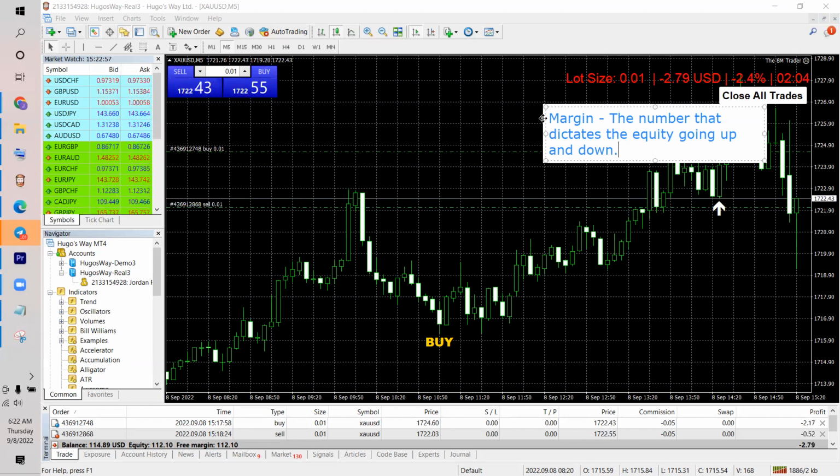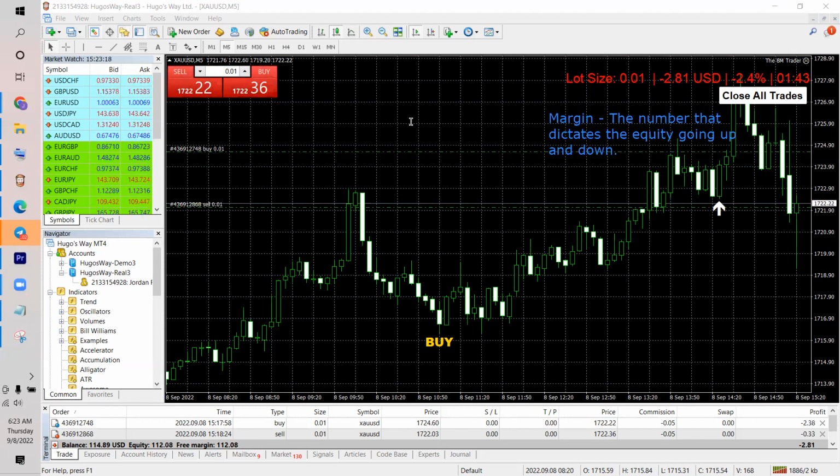The idea behind it is that we were in a buy trade and that buy trade went down, did not go in our favor. The way to execute a hedge trade is we would place a sell trade until the margin goes down to zero. Now, how can we determine that the margin went down to zero?